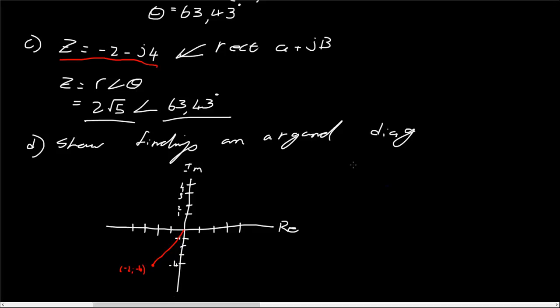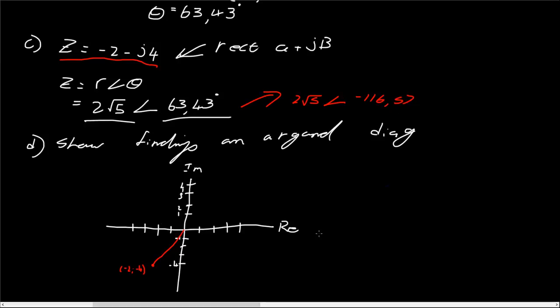Okay, so I'm just going to quickly check -2 minus 4i on the calculator. The calculator gives us 2 root 5 angle -116.57.